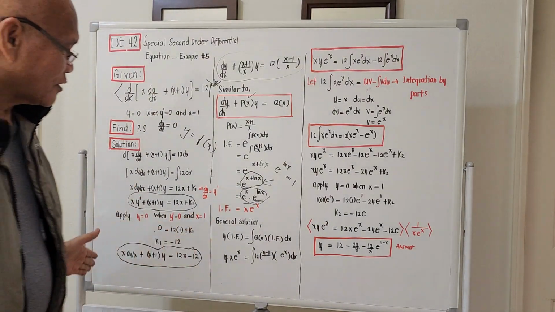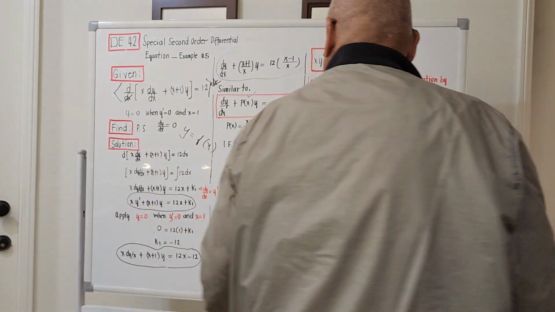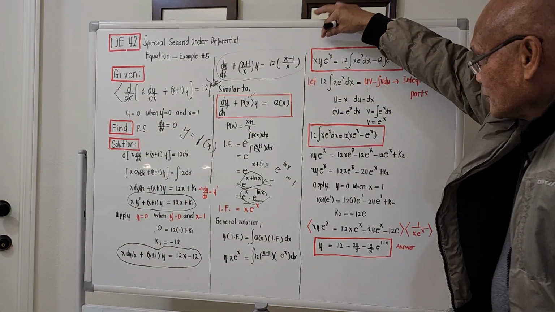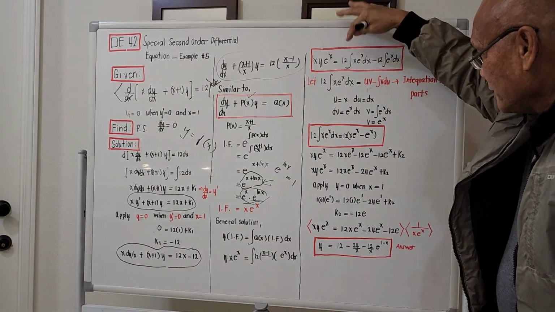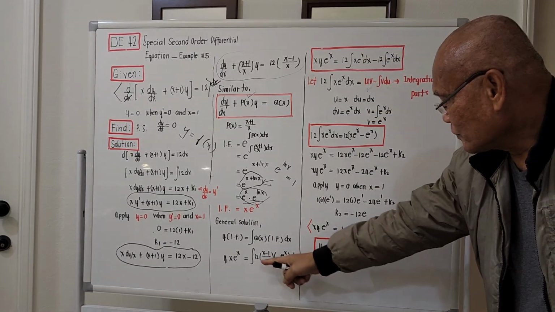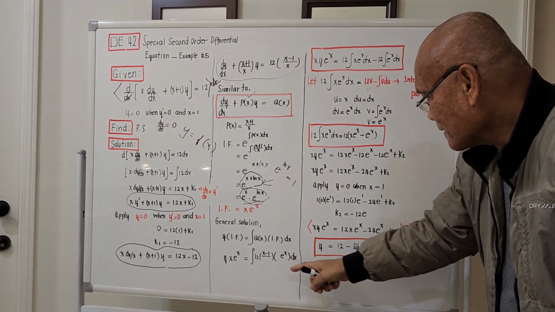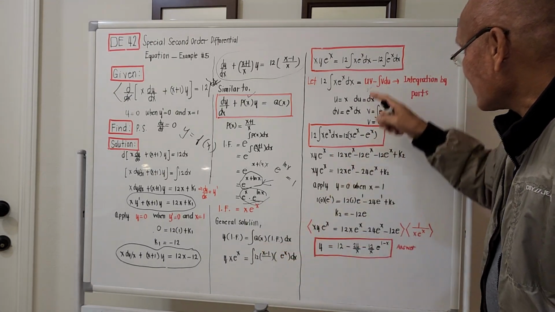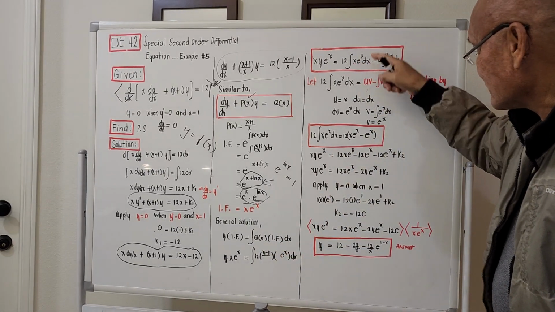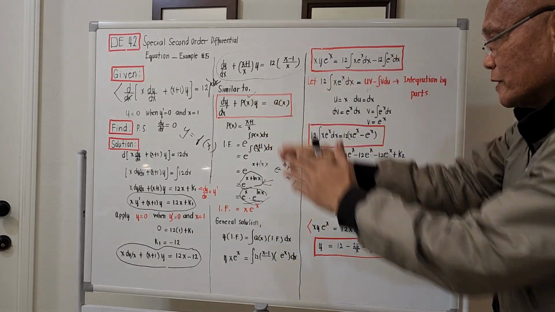So if we try to expand the right-hand side, the left-hand side we are good. Xy e to the x equals, with a common factor 12, 12 times the integral of x times e to the x dx. I now expanded.